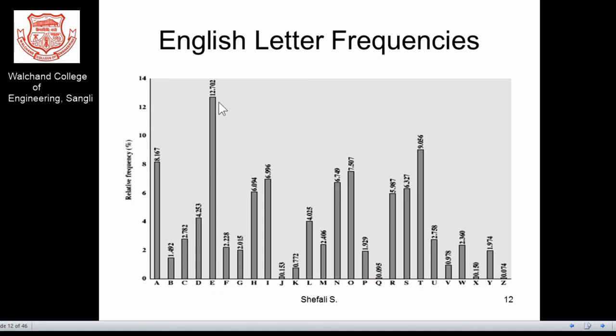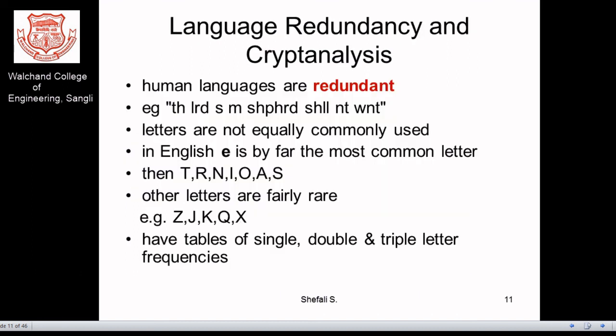The highest occurrence is for the character E, and the lowest occurrence is for the character Z. So if there is a one-to-one replacement from plaintext to ciphertext, then in a ciphertext-only attack, you can find the frequency of the cipher letters and map them to the frequency table given in this figure, and from the mapping you can guess what exactly the letter or the word is.